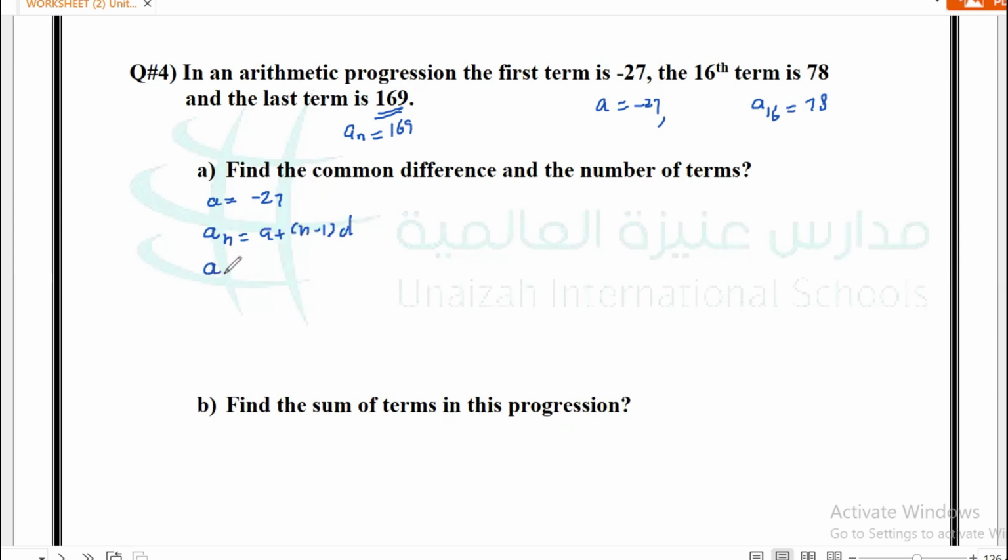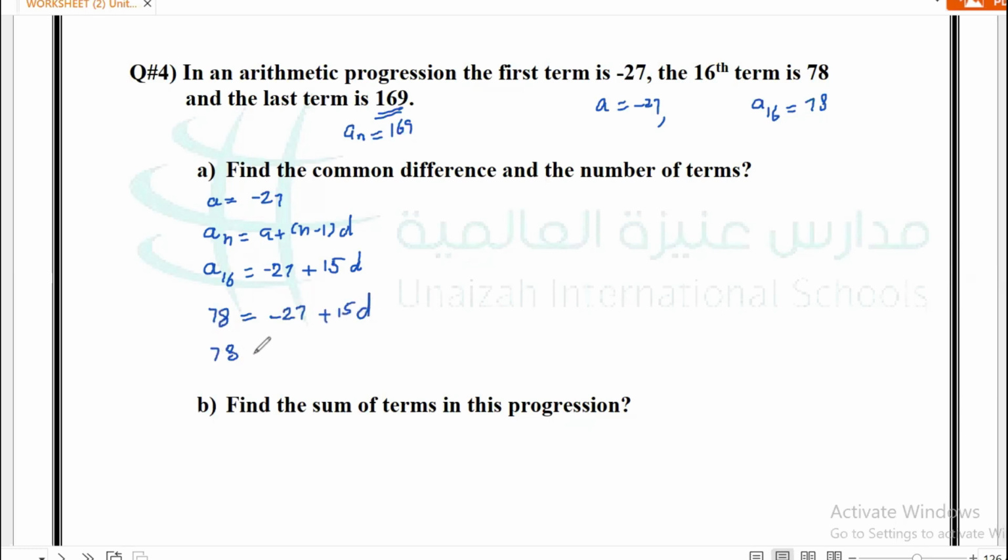If I say A16, a we know, which is negative 27, plus n is 16, so 16 minus 1 is 15d. We don't know D as well, but we know A16 is 78, which is equal to minus 27 plus 15D.